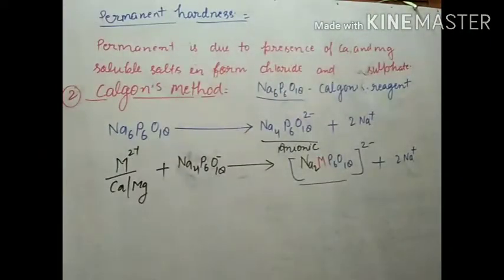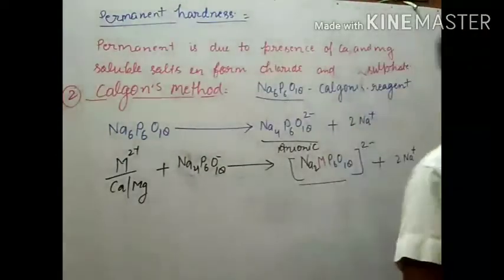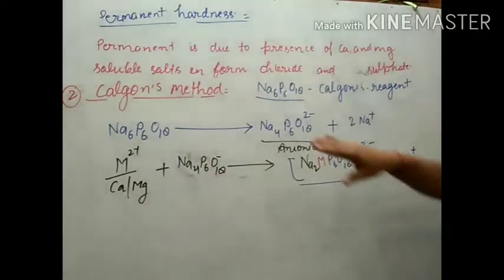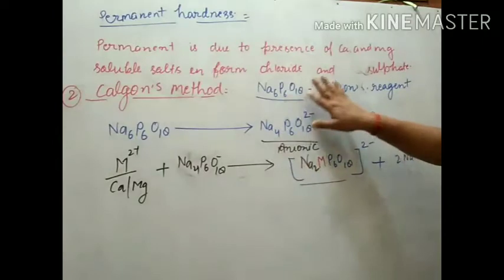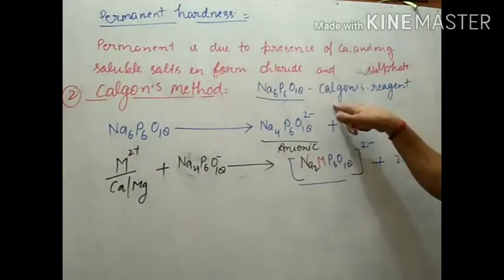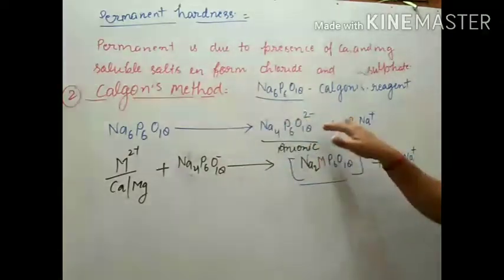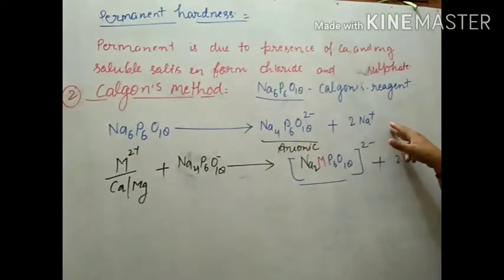What have we discussed? We discussed Calgon method. This one is known as Calgon reagent. When we add it in water, the following reaction takes place, or it ionizes like this: anionic part and cationic part.